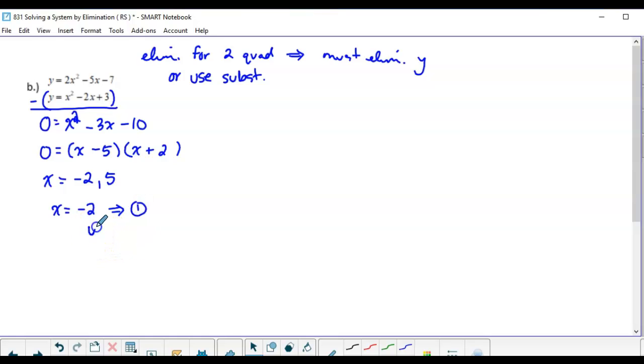So that's going to be y equals 2 times negative 2 squared minus 5 times negative 2 minus 7. So that's 11.